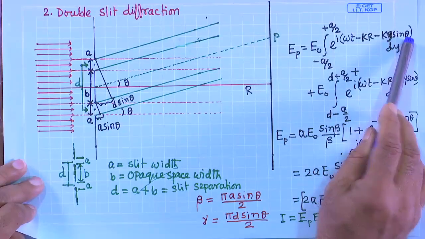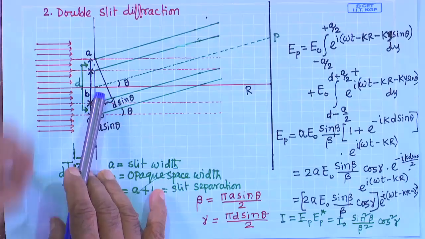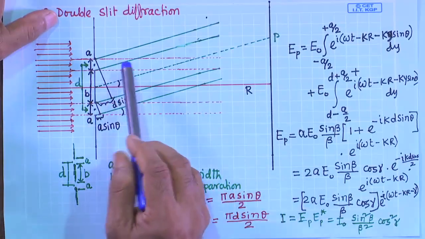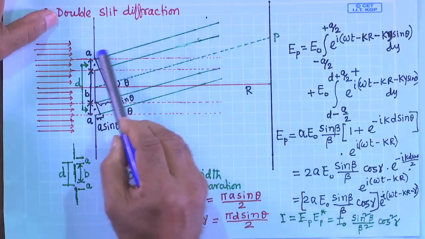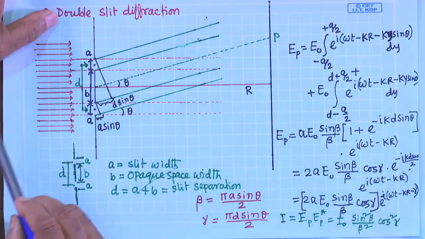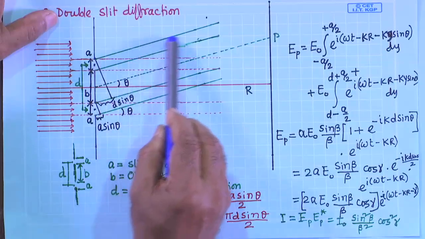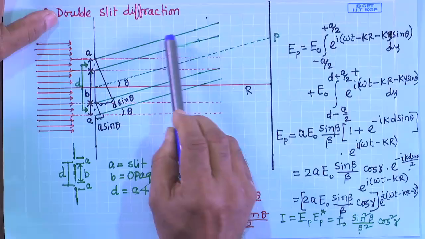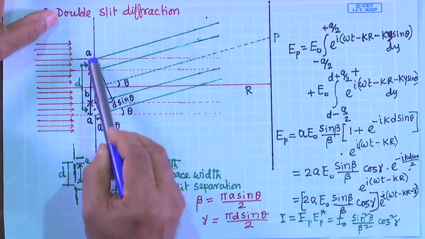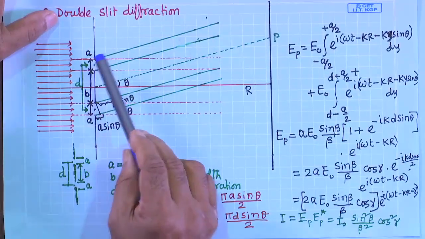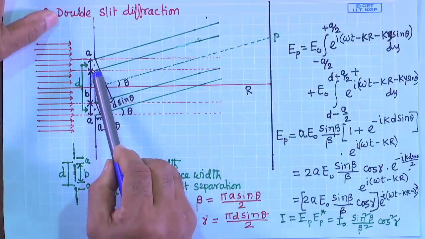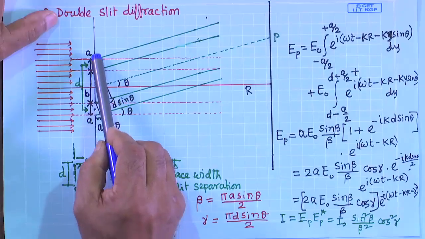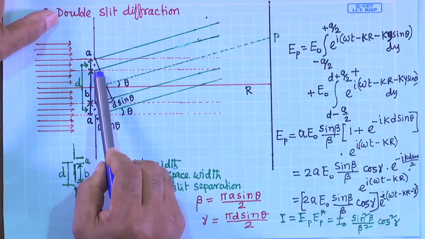Now here you see what we are doing. This is one ray, and this is another ray. What is the path difference between these two rays? If you draw a normal here, this path is the same, so the additional path, for a single slit, will be a sin theta.